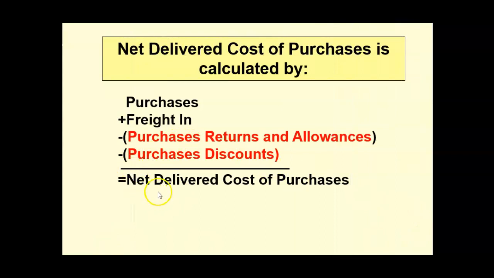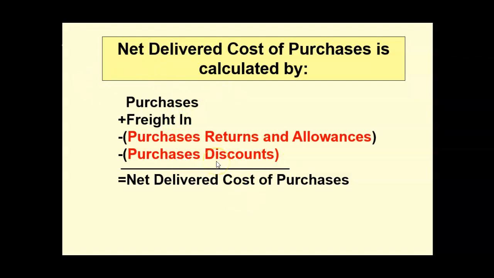To calculate your net delivered cost of purchases, we take our purchases. That's the actual cost we pay for the merchandise we're going to purchase during the accounting period. Add in freight in, which is the shipping cost to receive those items. Subtract out any purchase return. So if we return an item during the course of the accounting period, that's known as a purchase return allowance.